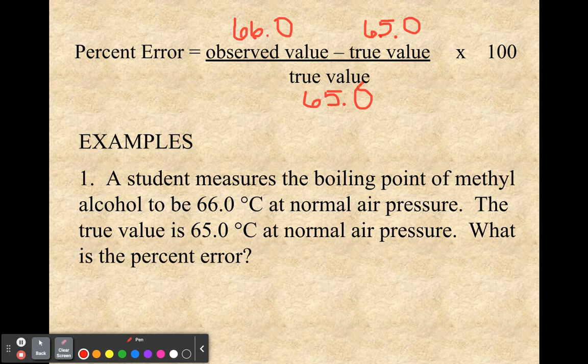What do we get? Negative 45.3869. More numbers going out.